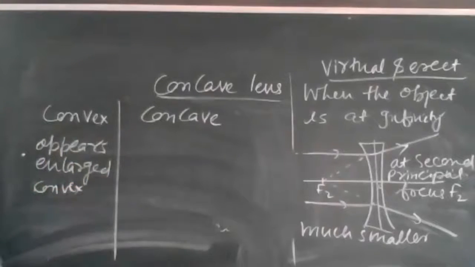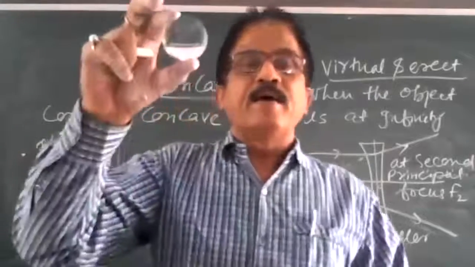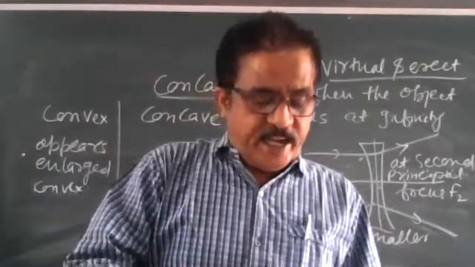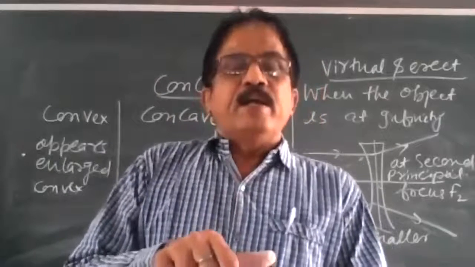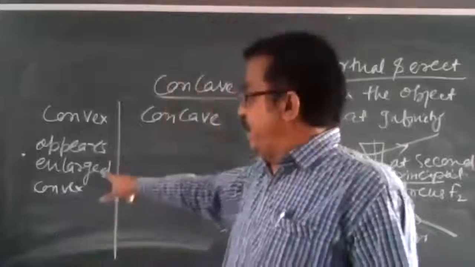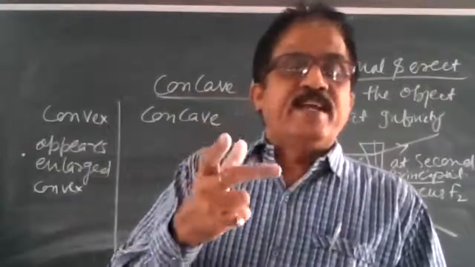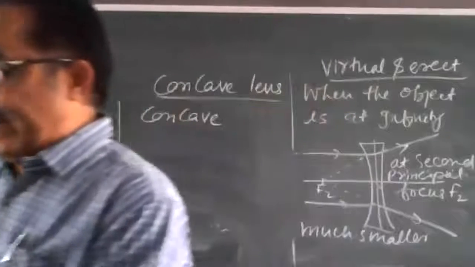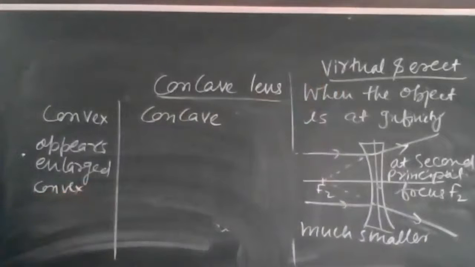See, we can say like this. Here it is the paper, or I am putting this lens here. Without touching them, if the letters are enlarged, बड़े दिखाई दे रहे हैं, तो we can say that is a lens called convex lens.